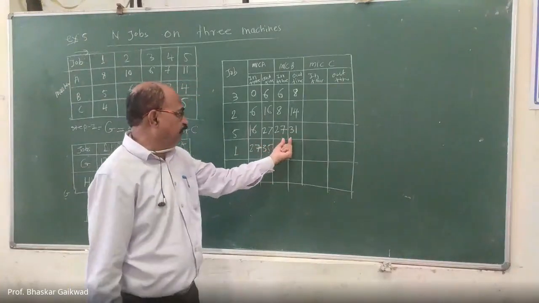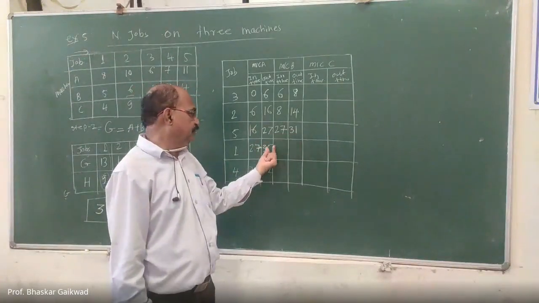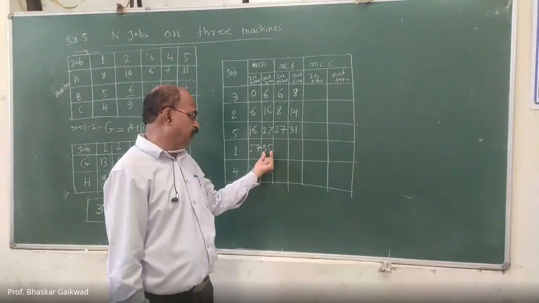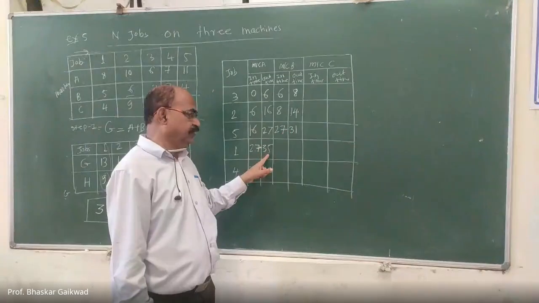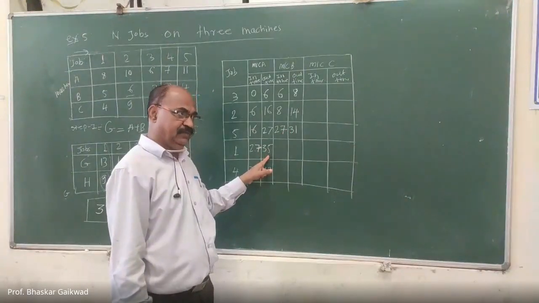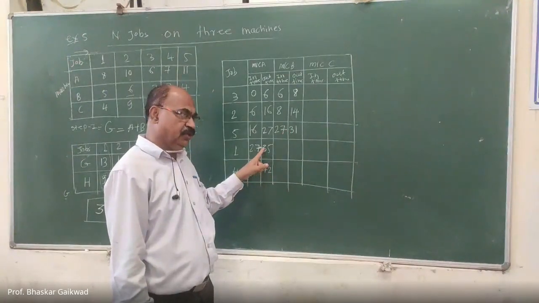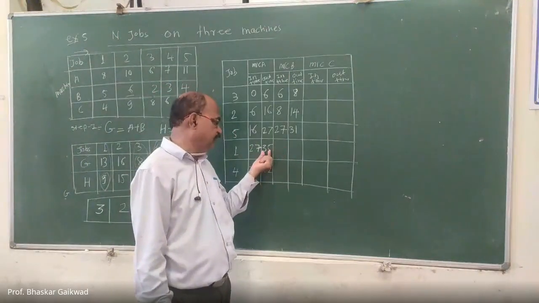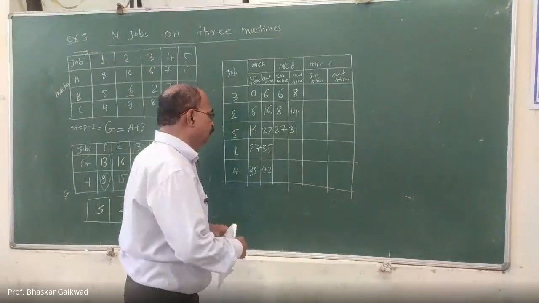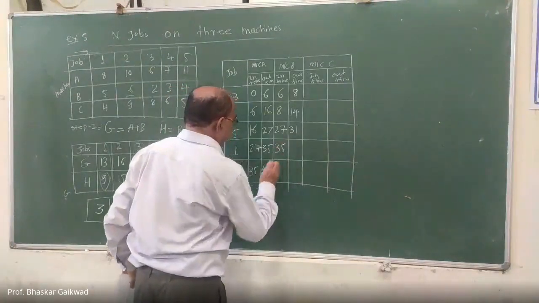Now here it is 35, here it is 31. Which is the maximum? This 35. Because if we take this 31, then this machine will remain idle. So not to remain idle, you can take it as it is. Once this part completes, you can put here. So here 35 will be there.